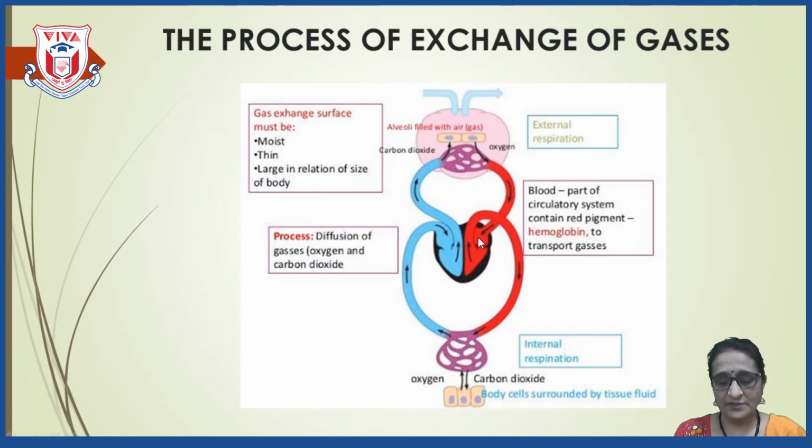It is brought to the heart, and from the heart it is sent by the aorta to the various arteries. Those give this oxygen to the different parts of the body, tissues and cells.